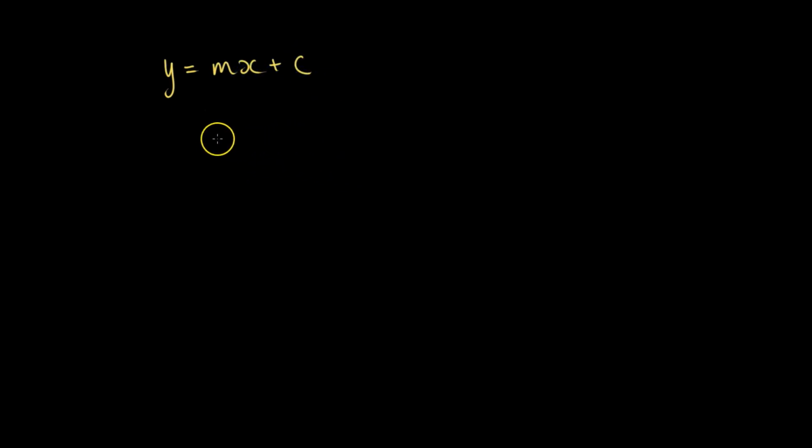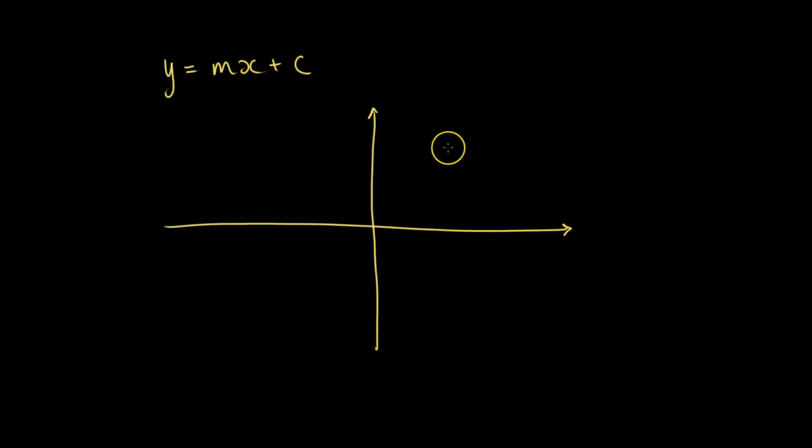So if we rearranged our equations in the previous question and got them into this form, on a set of axes, they would be 2 straight lines, and 2 straight lines are either going to be parallel to each other, so they're never going to cross each other, or at some point they're going to intersect. They're going to cross over at some point, and that is a point that is true on both of these lines, and that is what a solution to a pair of simultaneous equations is. That is the coordinates of the point where the 2 straight lines cross each other.